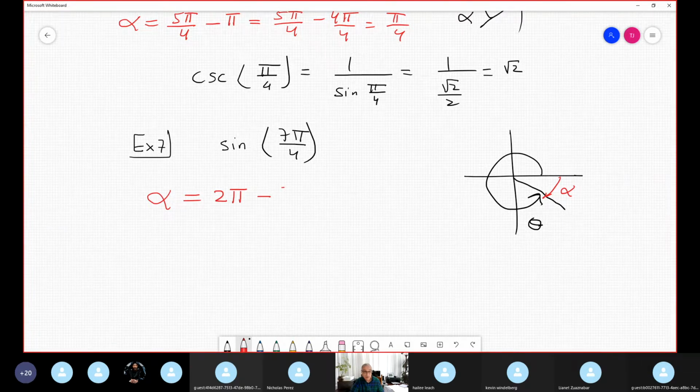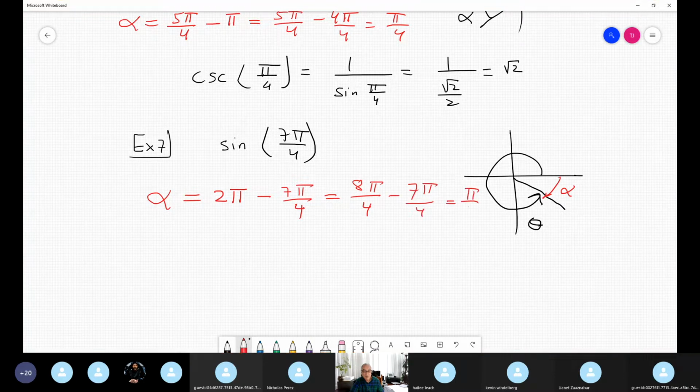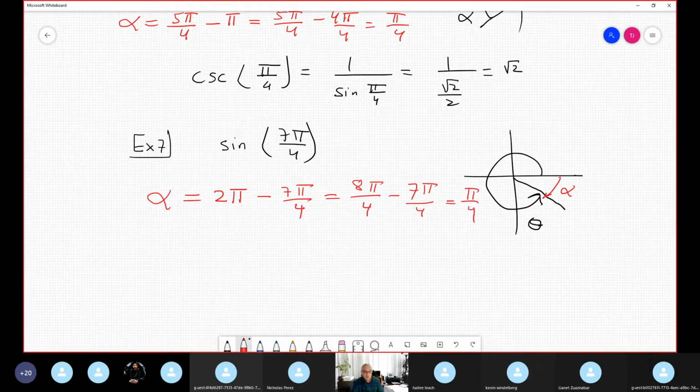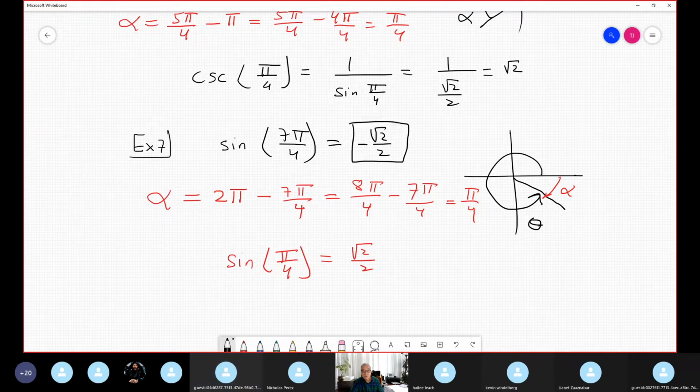Right here, 2 pi minus 7 pi over 4. So say this is 8 pi over 4, because 2 is 8 divided by 4. I try to find the LCD. And 8 minus 7 is 1, pi over 4. So I discover that this is equivalent to sine pi over 4. And sine pi over 4 is radical 2 over 2. I know my memory. So this is also radical 2 over 2. But I don't know what sign. What sign? Negative.